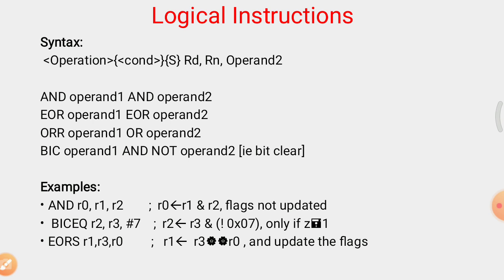The AND operation is a logical ANDing between operand 1 and operand 2, and then the result is stored into Rd, the destination register. It's a bitwise ANDing between the operand 1 value and the operand 2 value.